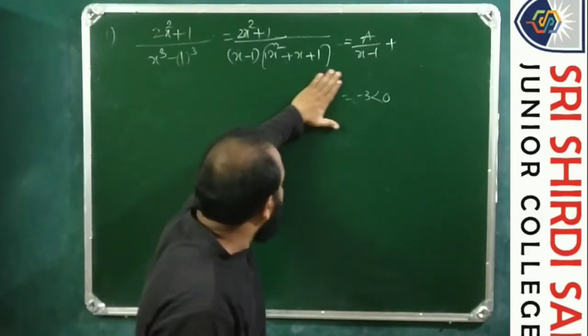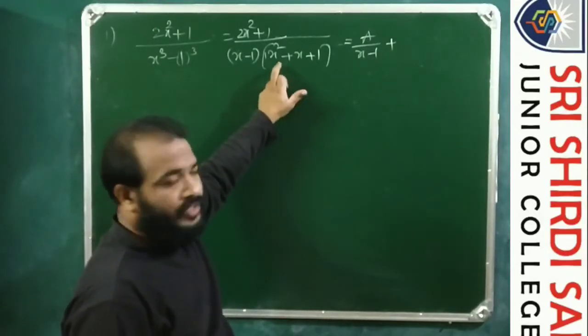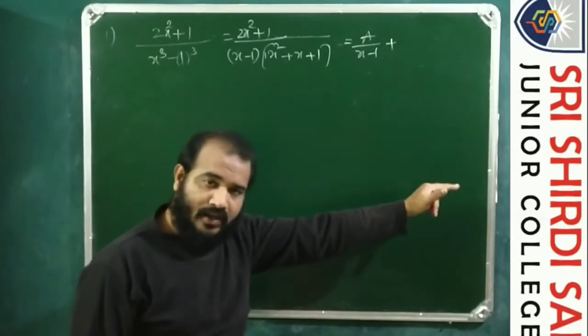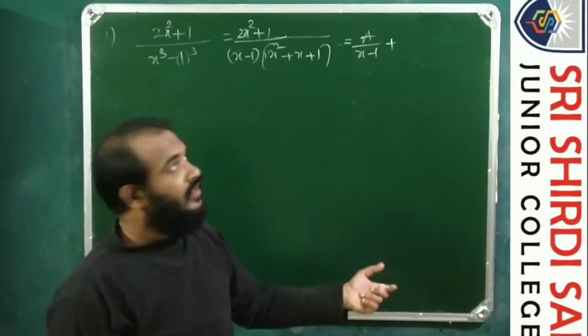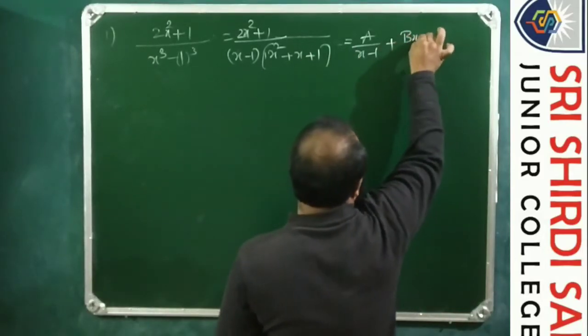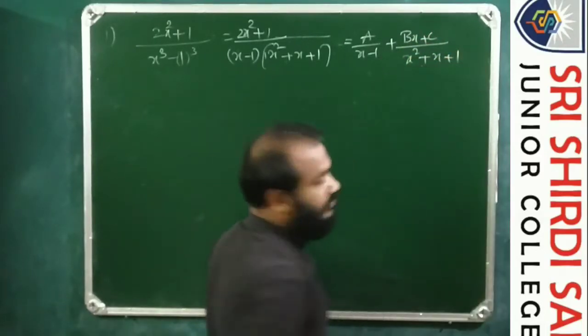If the discriminant is less than 0, then this is an irreducible quadratic factor. So for every irreducible quadratic factor of the denominator, there corresponds a partial fraction of the form ax plus b by ax square plus bx plus c. Already a is used, therefore Bx plus C by x square plus x plus 1.